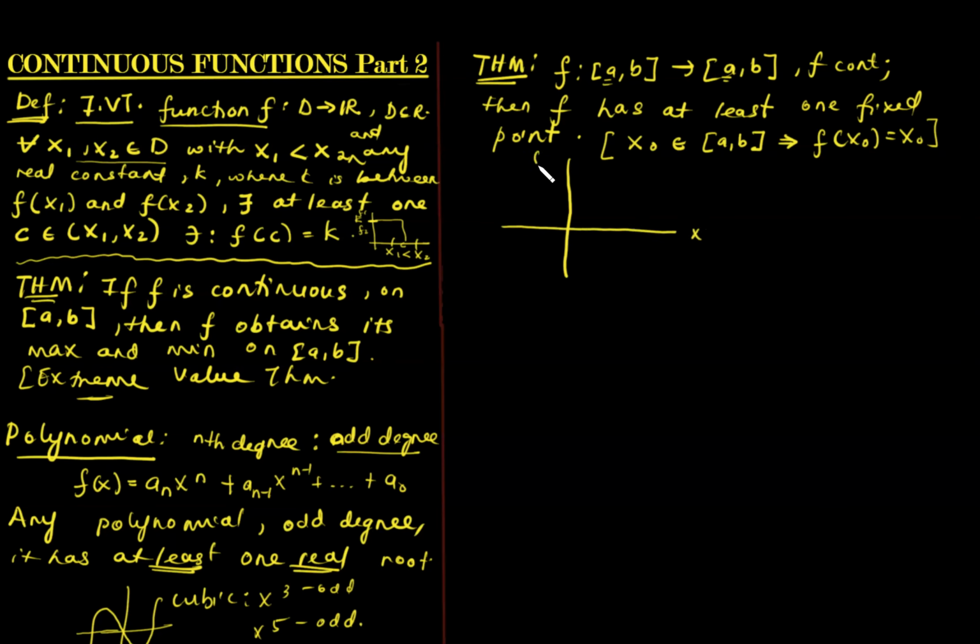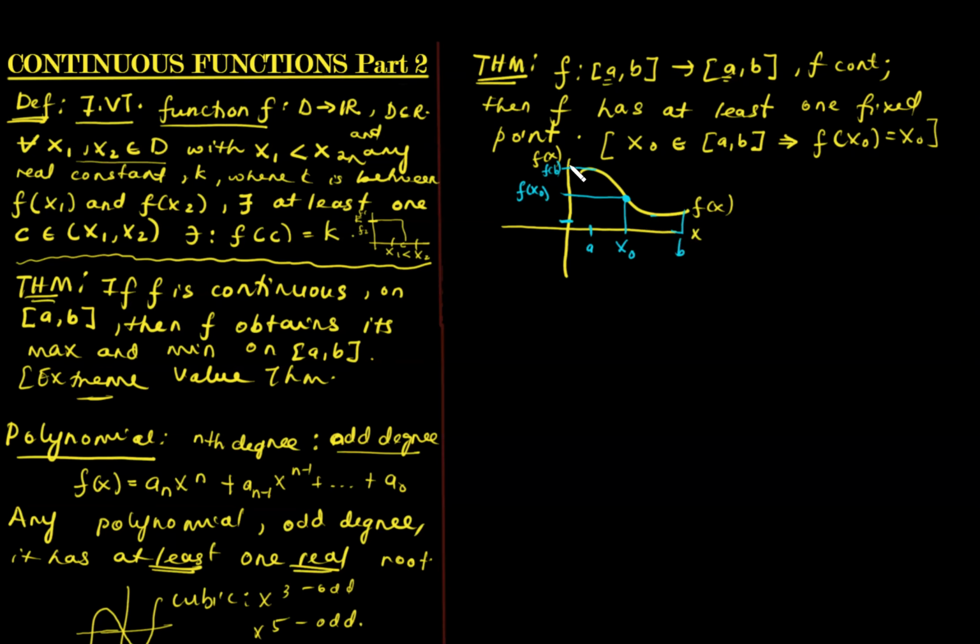Just to give an idea, since I said this is very rarely said or used, if you have a function x and f of x right here, and f is continuous, so let's say you have some continuous function like this. So what this theorem says is, if you have a point right here, and I'm going to call this x naught, and this is f of x naught, and remember, without loss of generality, let's say this is b, and this is a.